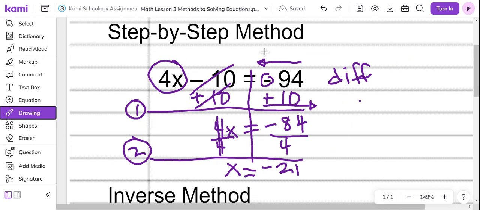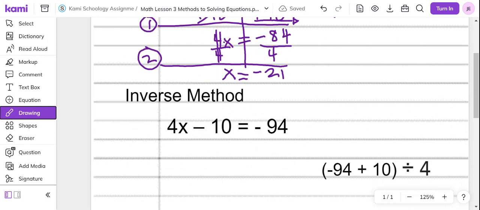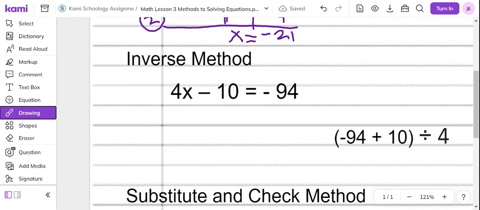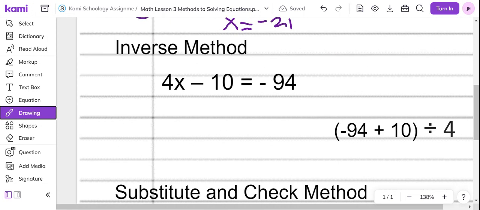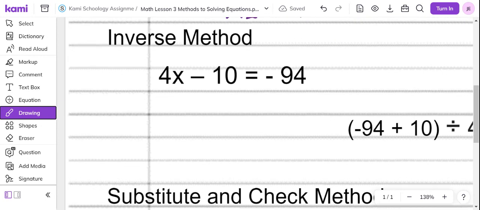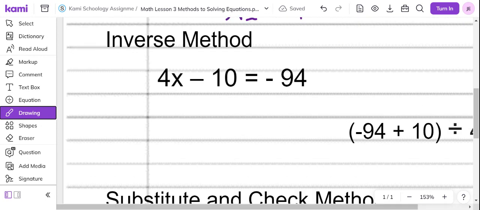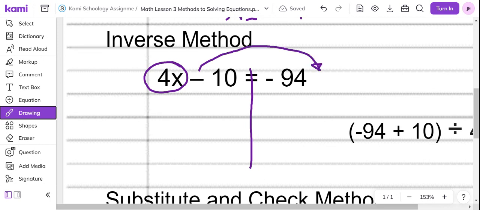All right, that is going to be the primary focus, the step-by-step method. So now some students have been using something that's more like an inverse method, and this works too. So you're going to identify what's happening. First, we're going to separate the left side and the right side, circle the variable term, and we're going to take what is happening here and then do the inverse on the other side of the equal sign.